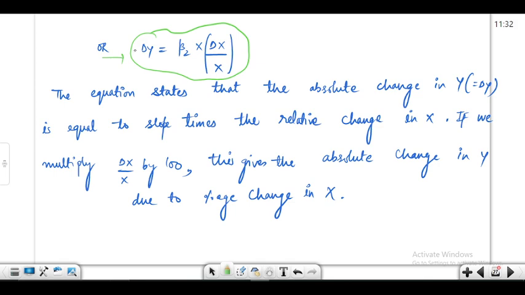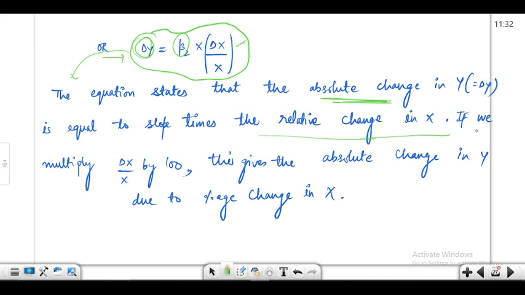What is this saying? The equation states that the absolute change in y, that is delta y, is equal to slope times the relative change in x. This is the slope coefficient and the relative change in x, that is delta x upon x.